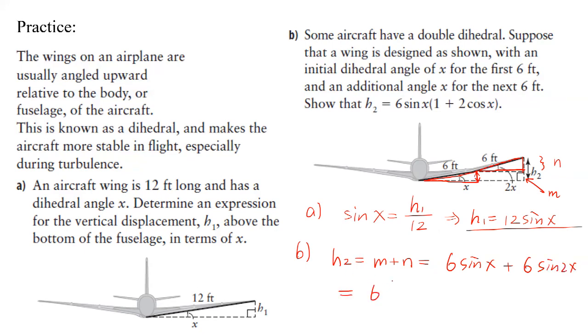And if we put the common factor 6 in front, this is sine x plus sine 2x. Sine 2x is actually twice of sine x cosine x, right?